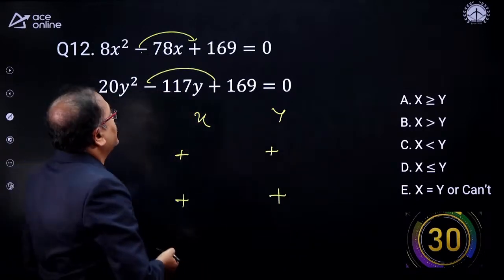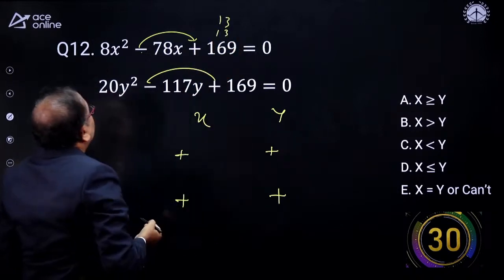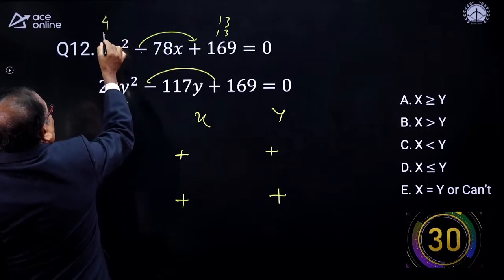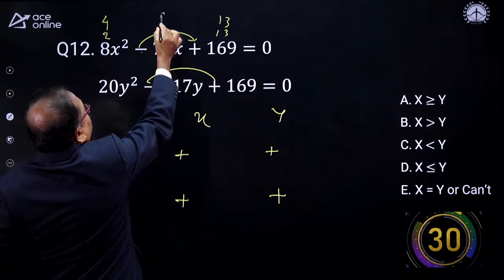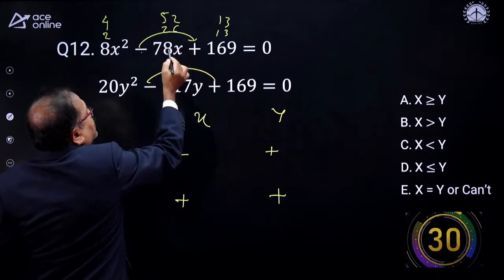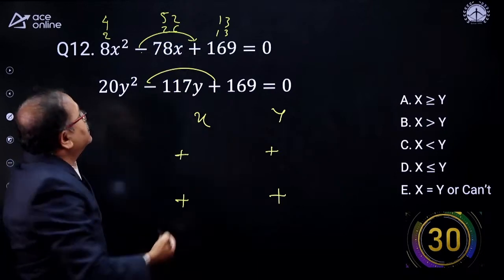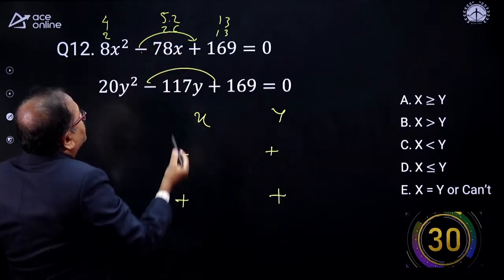I'll give you the x value here. So this is 13 into 13. And can I write this as 4 into 2? 13 fours are 52, and 13 twos are 26. It comes to 78.